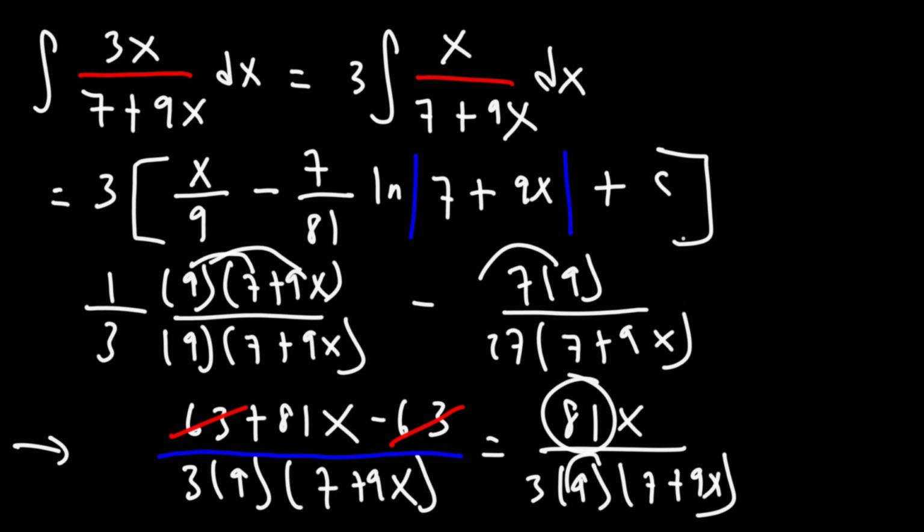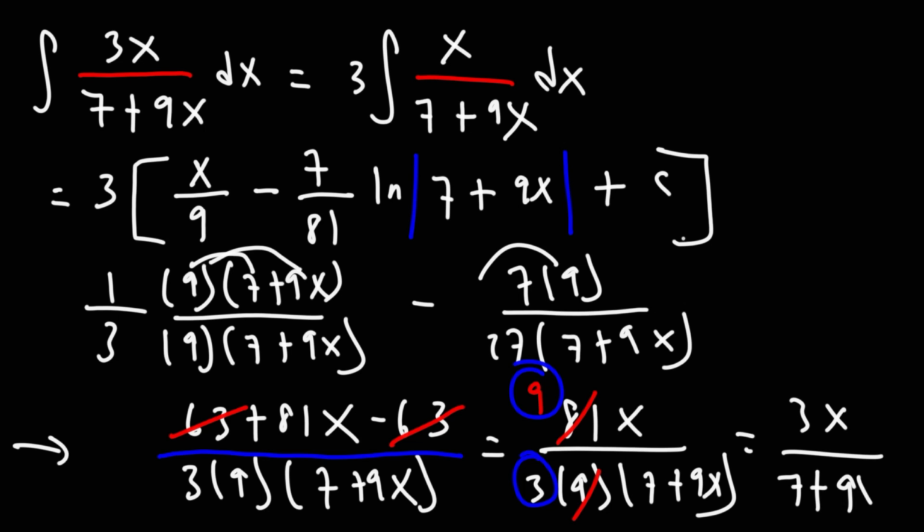Now 81 divided by 9 is 9. So we can cross these out, and that's going to leave us a 9. And then 9 divided by 3 will give us a 3. So we'll end up with 3x over 7 plus 9x.